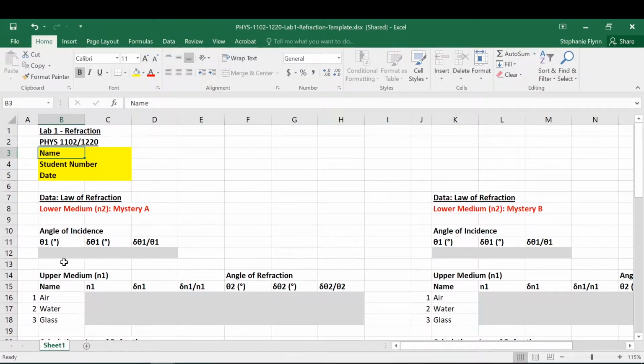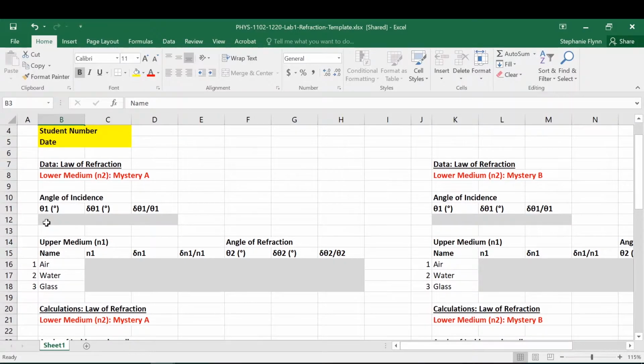Then you'll want to fill in your data. There is a spot for mystery A, so if you kept the angle of incidence constant, you can fill that in here. And then you can fill in your measurements for the angle of refraction, as well as the N1, so the index of refraction for air, water, and glass.